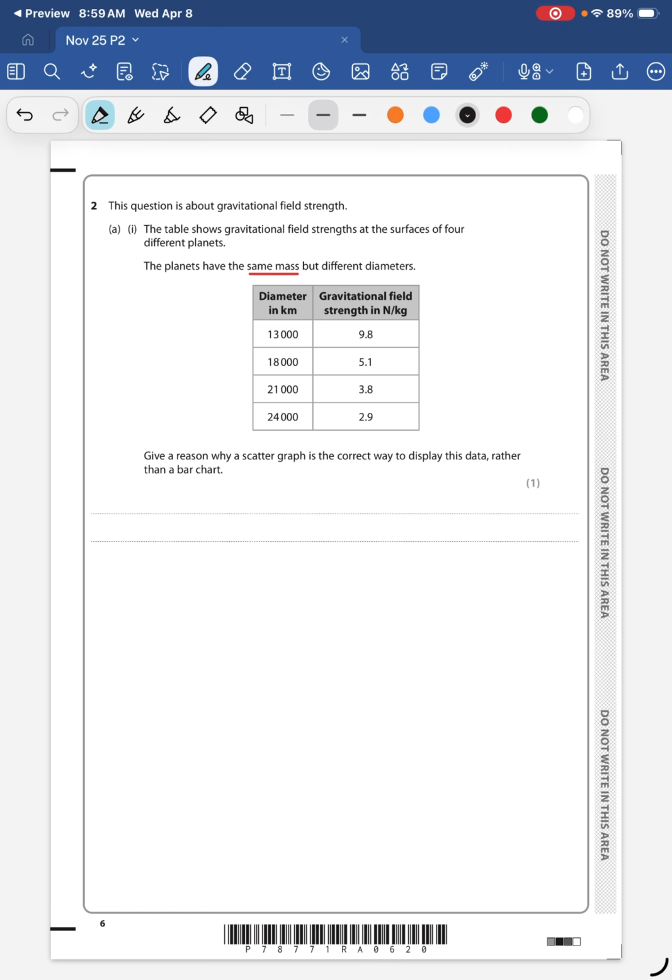Give a reason why a scatter graph is the correct way to display this data rather than a bar chart. Okay, so it works best because both the diameter and G, the gravitational field strength, are continuous variables.